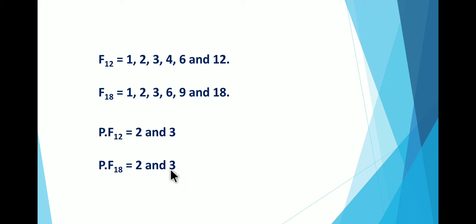So instead of writing 2 and 3 this way, because in both cases we have the same prime factors, it will create confusion. So we instead write the prime factors of 12 as 2 into 2 into 3.